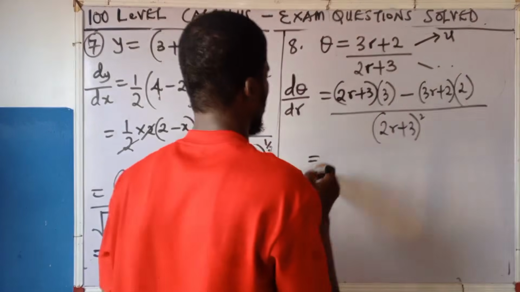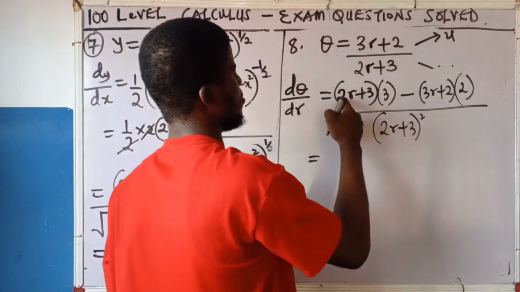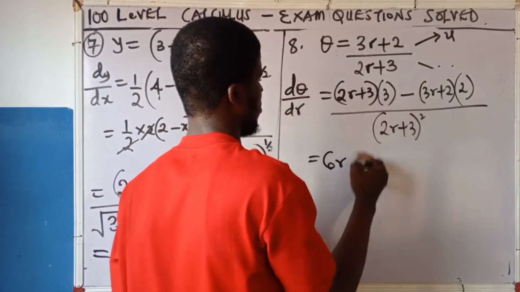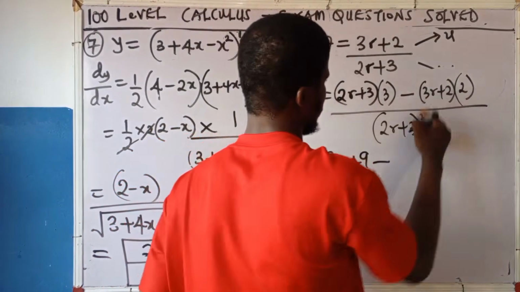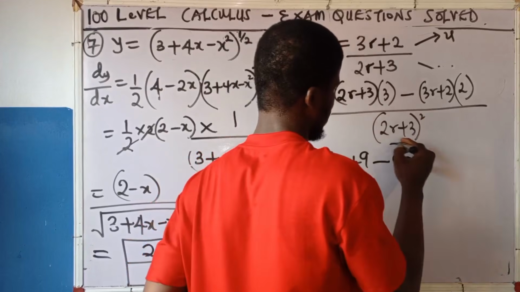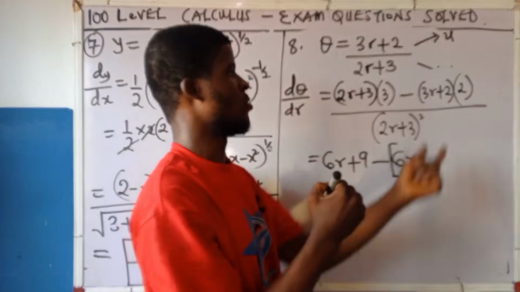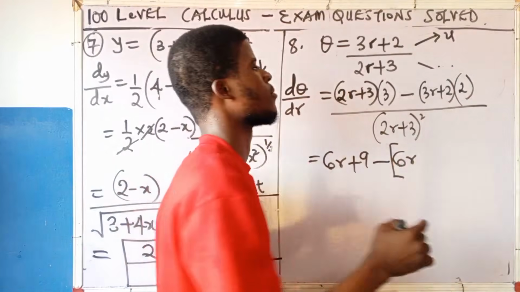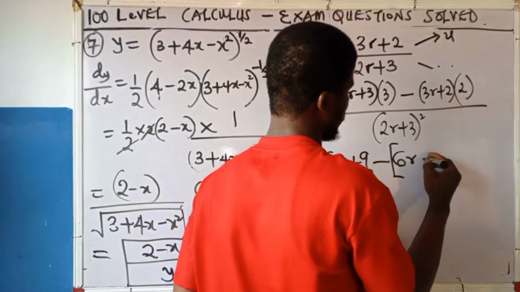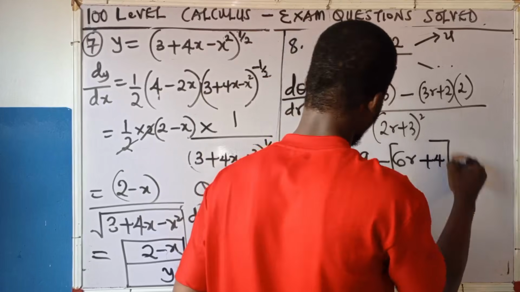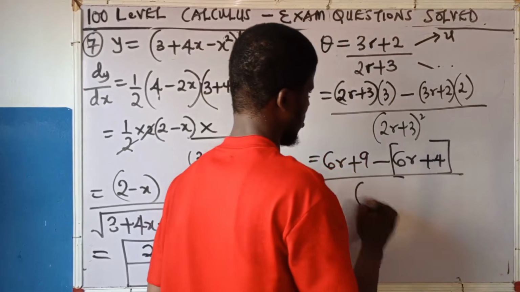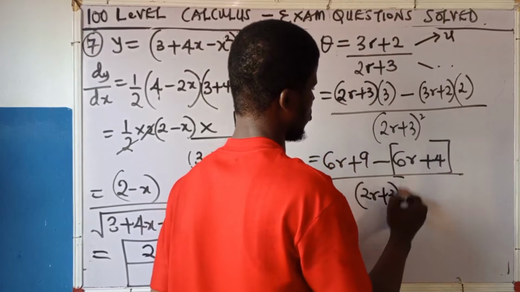So anything I get from here is the answer. 3 times 2 arrow is 6 arrow. 3 times 3 is 9. 2 times 3 arrow is 6 arrow, in brackets, because everything here is minus. And 2 times 2 is 4. All over 2 arrow plus 3, all squared.